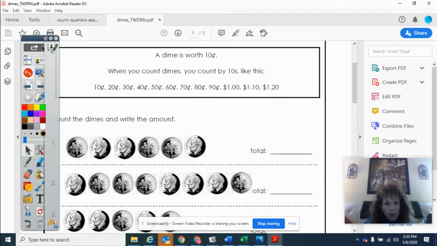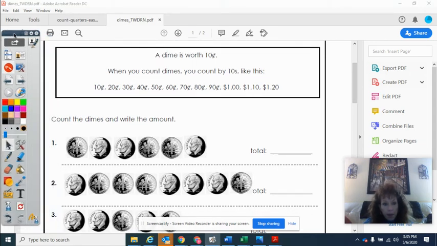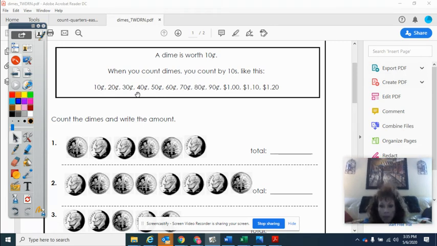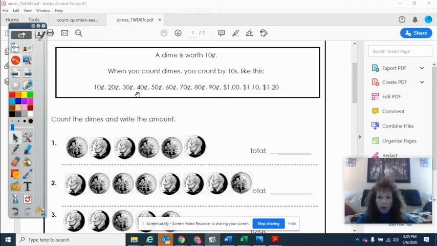All right, so we know a dime is worth 10 cents. The easiest way to count dimes is to just count by tens, like 10, 20, 30, etc. At the top, it says you count by tens like this, 10 cents, 20 cents, and they have that cent sign. The cent sign is okay, that's not wrong.